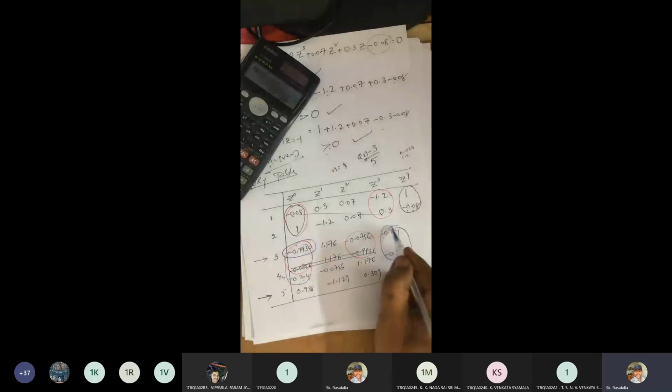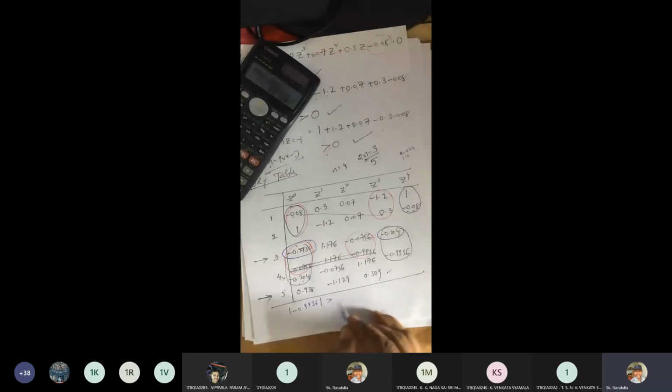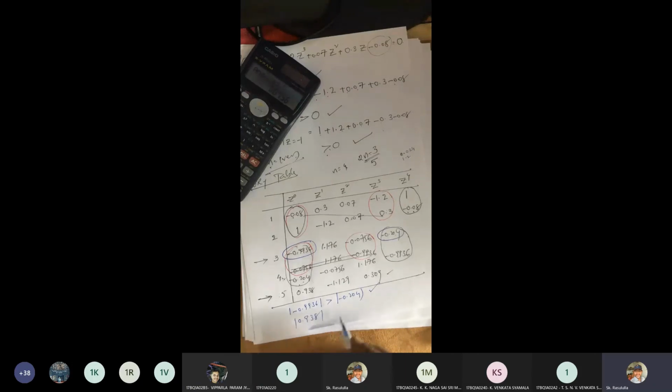The last element is this. That means the mod of minus 0.9936 is greater than the mod of minus 0.204. Not the minus signs; we only need the magnitude. It is satisfied, since the first element's magnitude is greater than the last element's magnitude. Next, the fifth row: 0.938 mod is greater than 0.309.